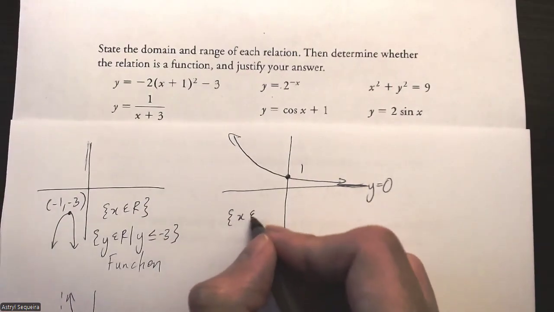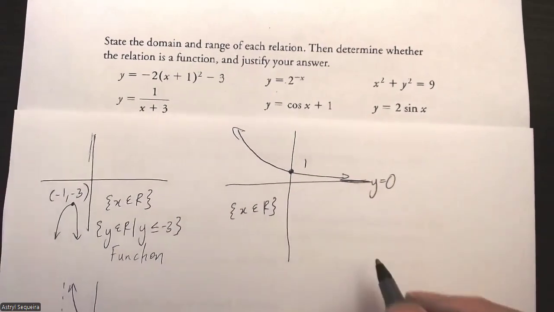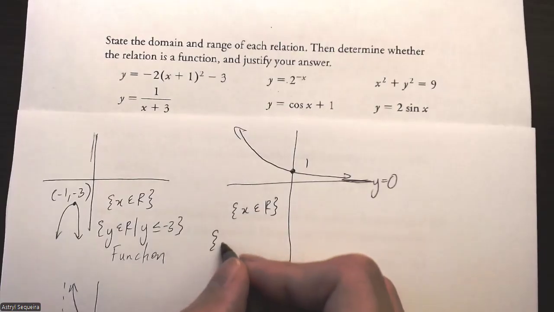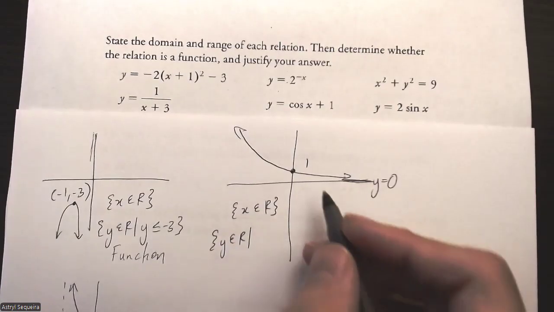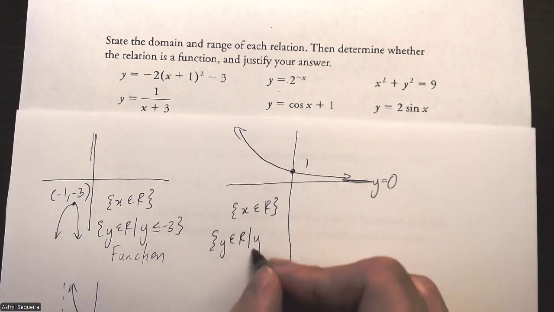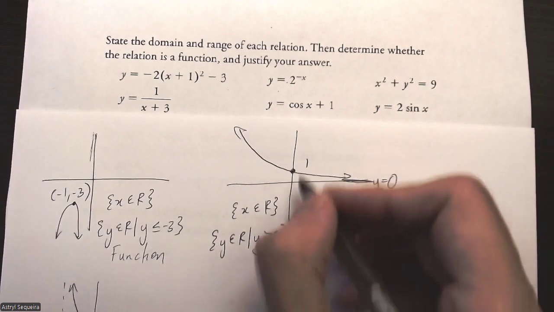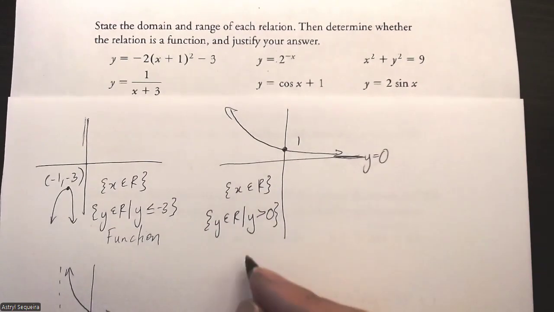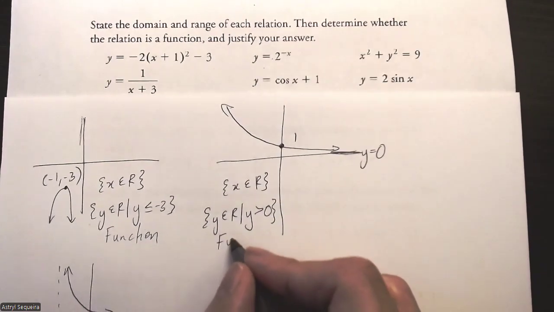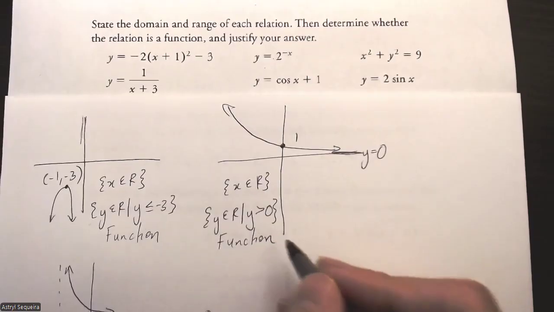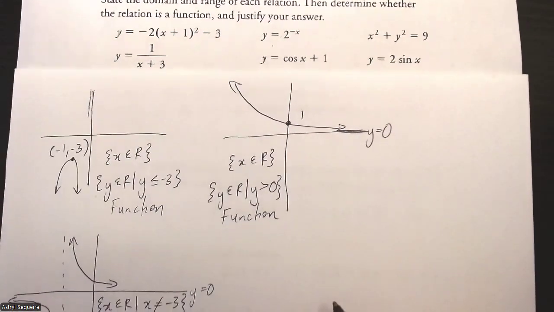Domain is x is an element of all real numbers because it goes left and right forever. Range is y is greater than my horizontal asymptote, because I'm above the asymptote in this question. Again, exponential relations are always functions.